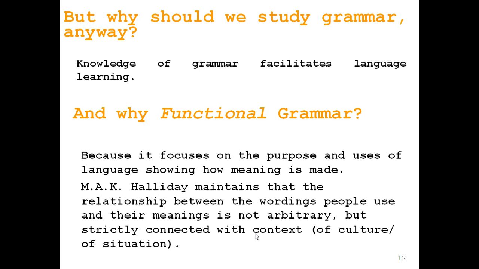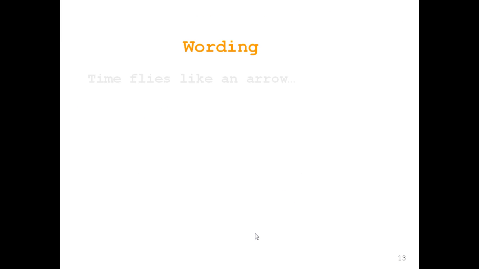It is connected with a context, and the context is articulated into two major forms: the context of culture and the context of situation, and the two coexist. Remember that. I'll explain, of course, during the course how the two should be analyzed and dealt with.